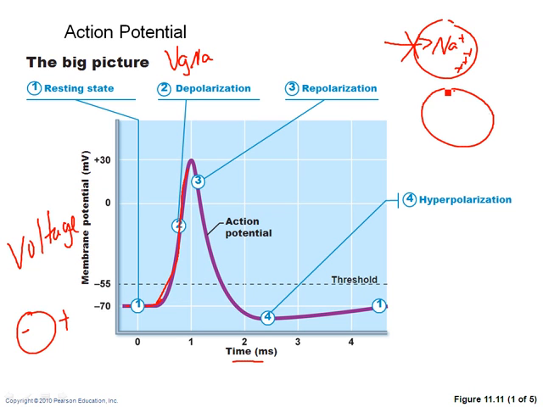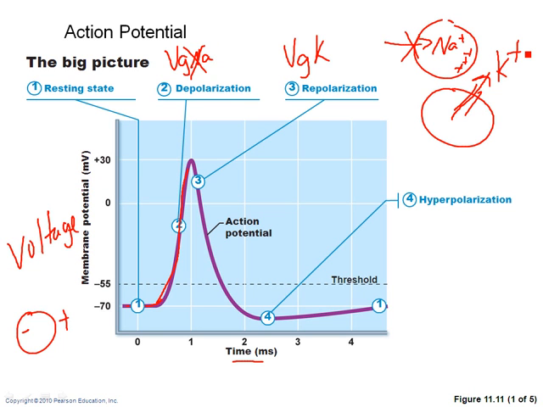Once you get to about positive 30 millivolts, those voltage-gated sodium channels close, and voltage-gated potassium channels open. The sodium channels close, and potassium can then exit the cell. More positives going out.